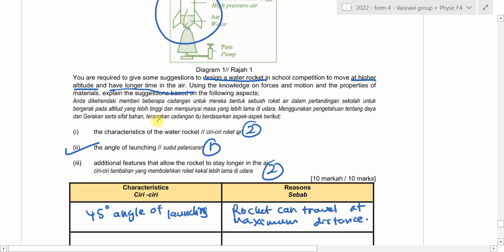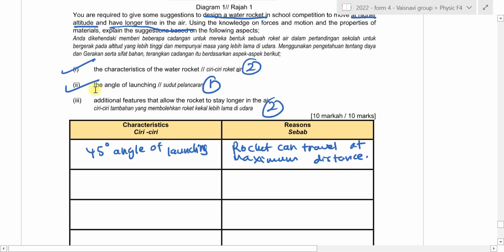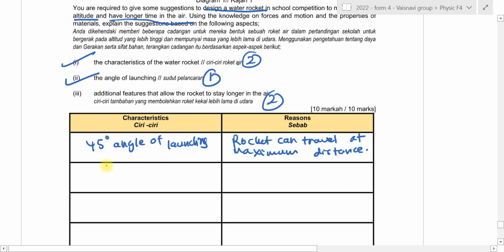Okay, sekarang kita ambil karakteristik of water rocket. Kalau mass dia banyak, tak boleh ke? Kalau mass dia banyak, dia susah nak pergi naik atas kan? Betul tak? Jadi mass dia kena buat apa? Itulah karakteristik dia. Kurangkan. Jadi kamu ambil lah low density material or smaller, lighter mass.